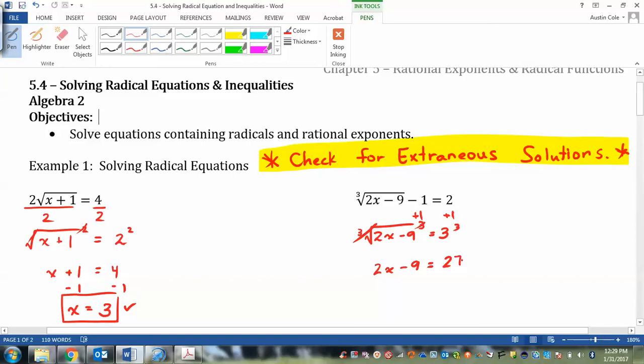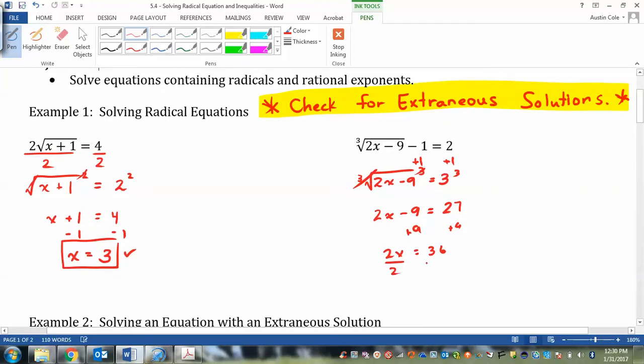Go ahead. Finish that one for me. I think we get 18, right? Yes. Okay, since it's a cube root, we don't need to necessarily check it.